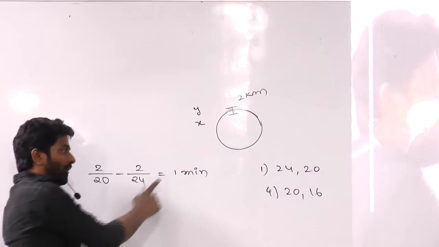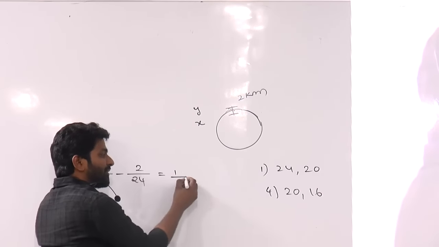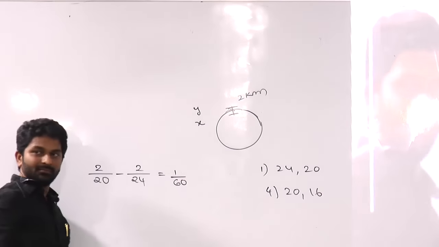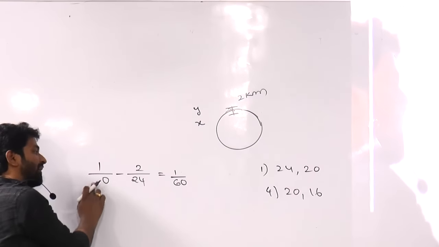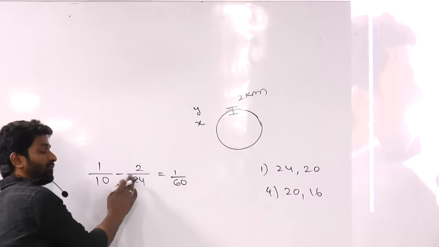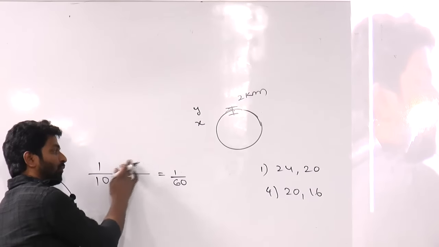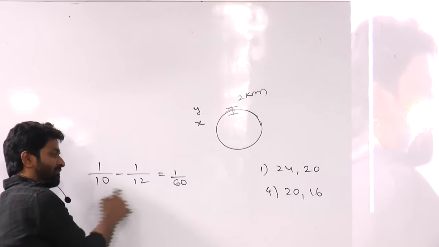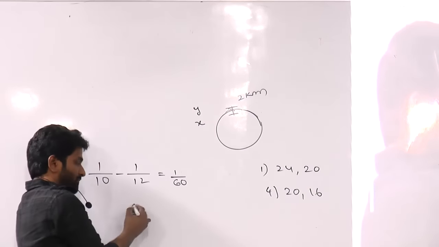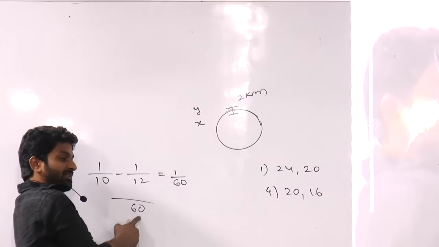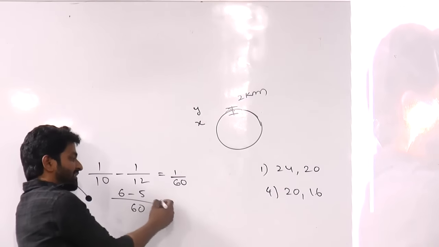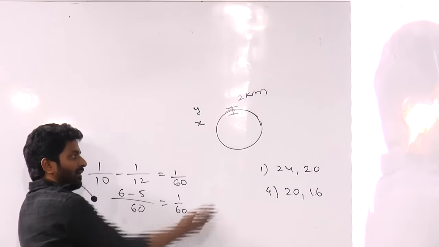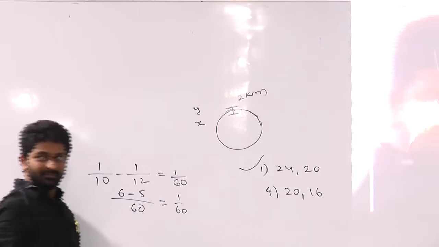Right? 1 minute in the sense, in terms of hours, this is 1 by 60 hour. 2 by 20 in the sense, 1 by 10. 2 by 24 in the sense, 1 by 12. What is LCM? 60. 10 how many times? 6 times. 12 how many times? 5 times. Is this equal to 1 by 60? Hence first one is my right answer.